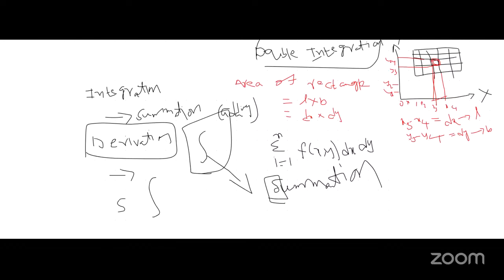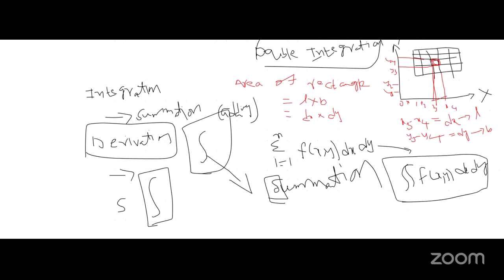So this equation we can write as the double integration of f of x comma y dx dy. So we use the double integration symbol. Now let's go to the problems.